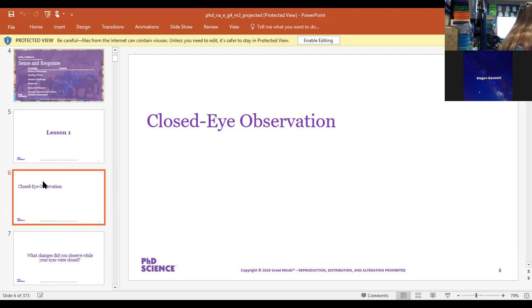So the word sense, you see it on the board? S-E-N-S-E. We're not talking about sense as in common sense, like brains. We're talking about sense as in the ability to detect something about the environment. We use our senses, vision, touch, smell, taste, hearing, to detect things about the environment.